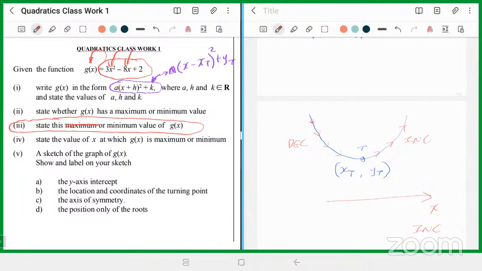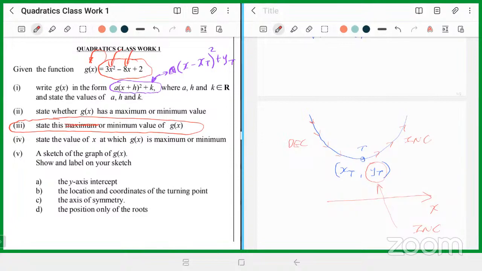So your Y values would have gotten to their lowest value right there, because they will increase forever and never come back down. They decrease initially to this minimum value, and then they start to increase again. Therefore, this Y value becomes the lowest Y value on the function when it has a smile shape.